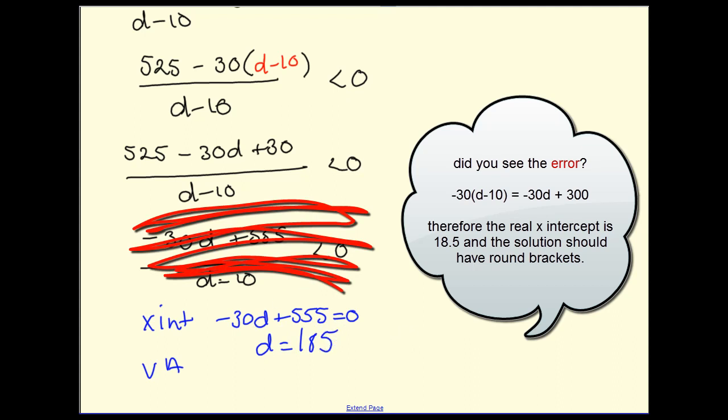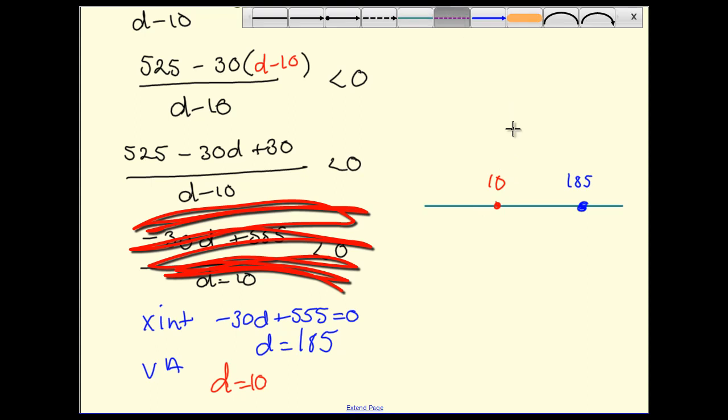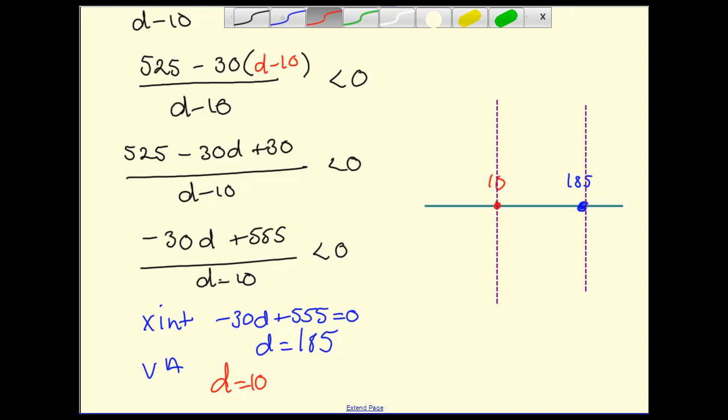So the x-intercept is at 185, so I'm just going to place that here, 185. And the vertical asymptote is found by taking the denominator and setting it equal to 0, which in this case, d equals 10. And so I have another value here at 10. And I'm going to put on my little dotted lines, and I'm going to use the interval method, which is the test point.